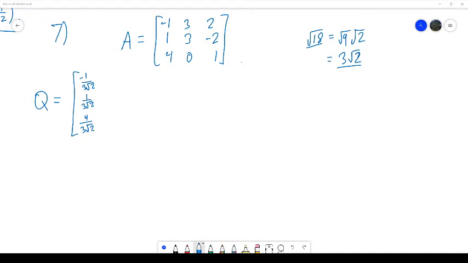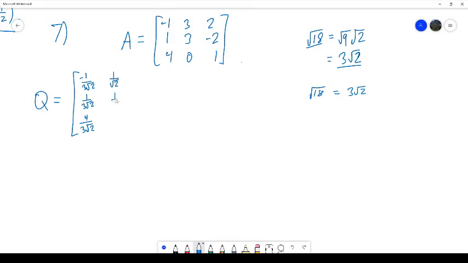Then for the next one, the second column, we have a magnitude of, let's see, 9 plus 9 is also 18. So again, 3 root 2. 3 divided by 3 root 2 is just 1 over root 2.